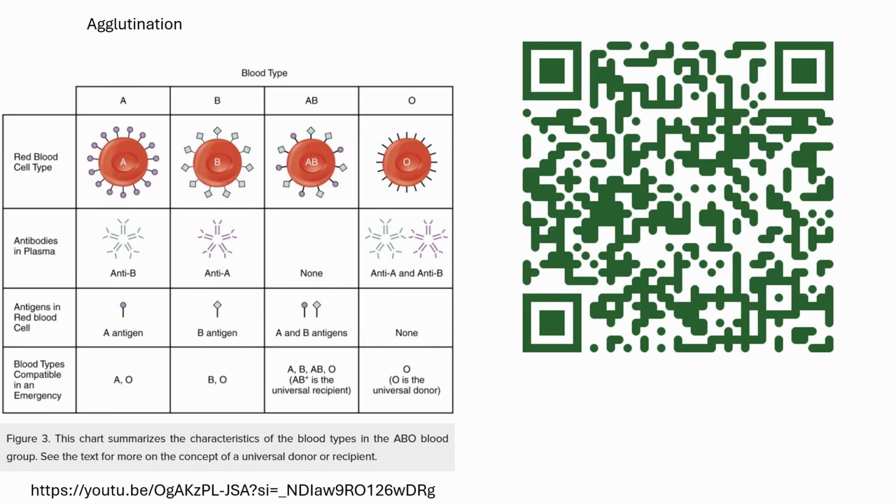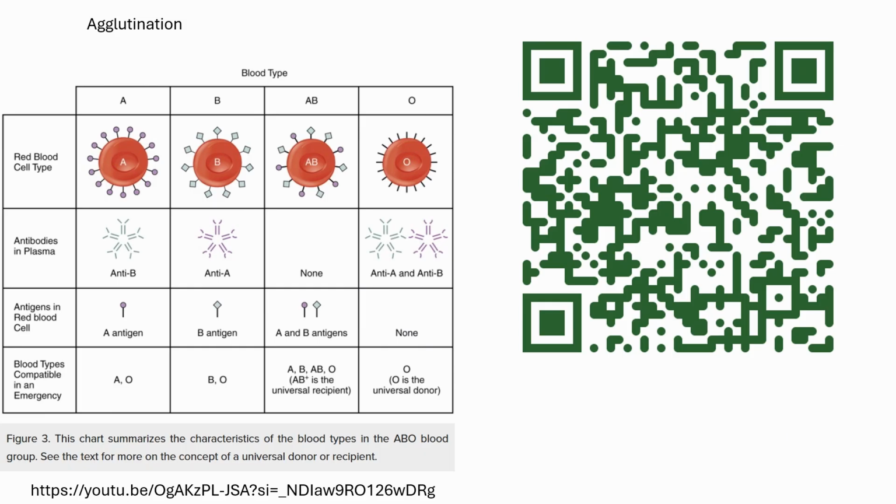And next you have the blood type here. There's also another type of antigen on red blood cells that is not shown here. It's called the rhesus antigen. But I'd like you to watch this video if you can. It talks about the agglutination reaction.